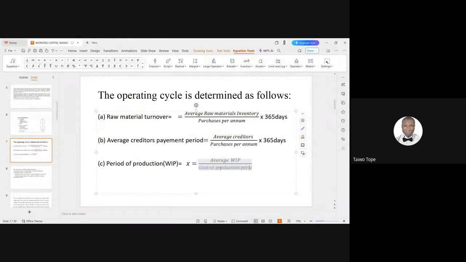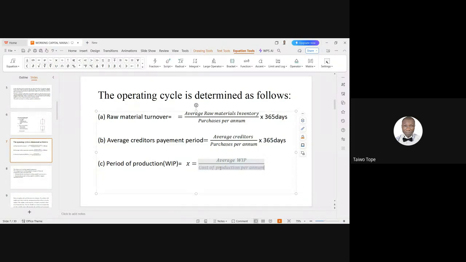Okay. In a question where you are not given cost of production, it can be cost of sales. Cost of sales.